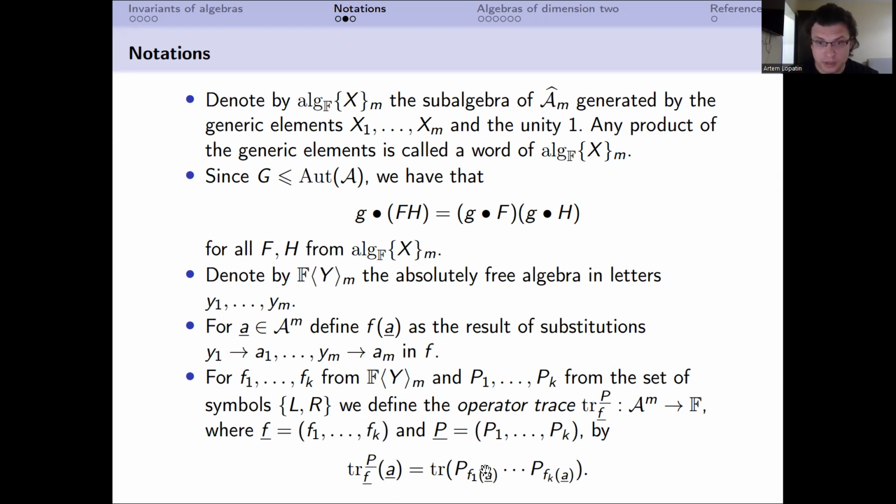And as the element of the algebra, I consider the image of f with respect to substitution. So here I have a composition of operators of left multiplication and right multiplication. Of course, operators for left and right multiplication are associative, and then I can take the trace of them, and by doing it, I obtain this map.